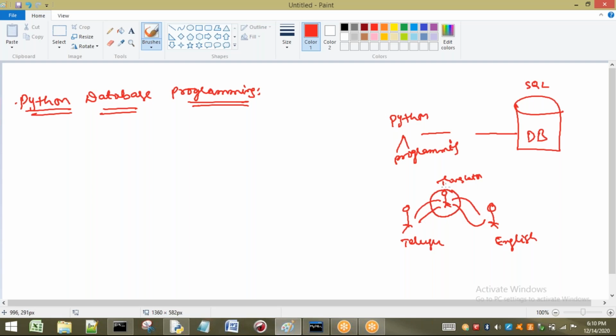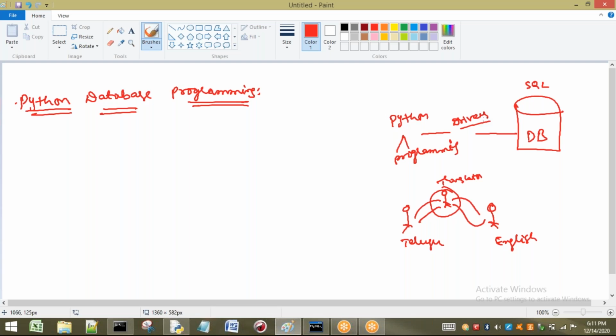In the same way, if a Python program wants to communicate with a database, we require one driver or translator. So in between we use the concept of drivers, which helps us communicate between Python programming and our database.